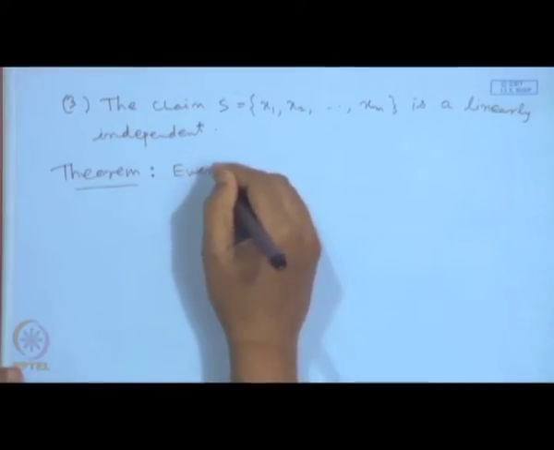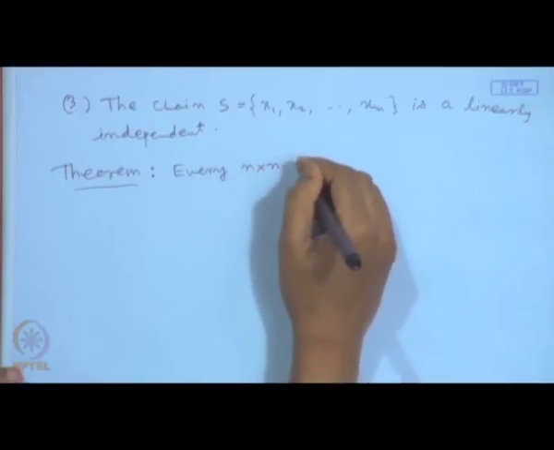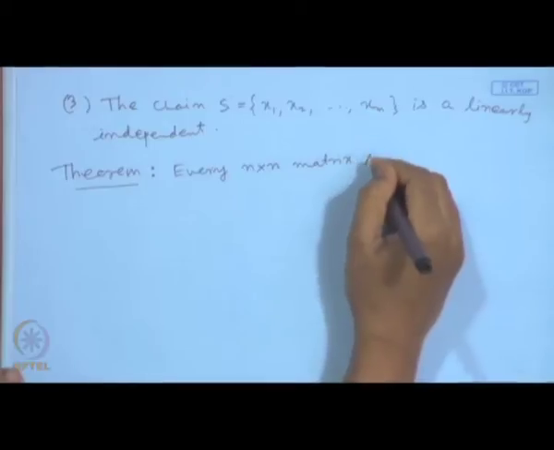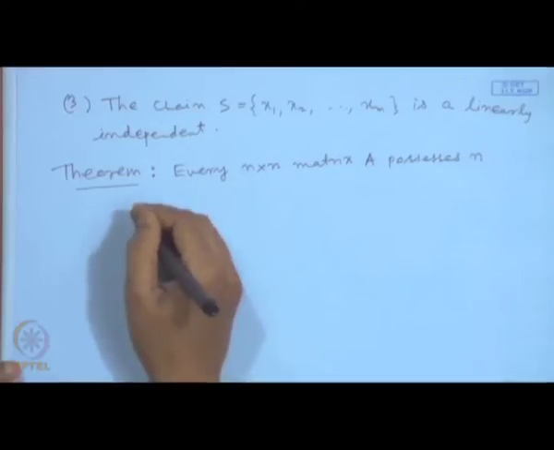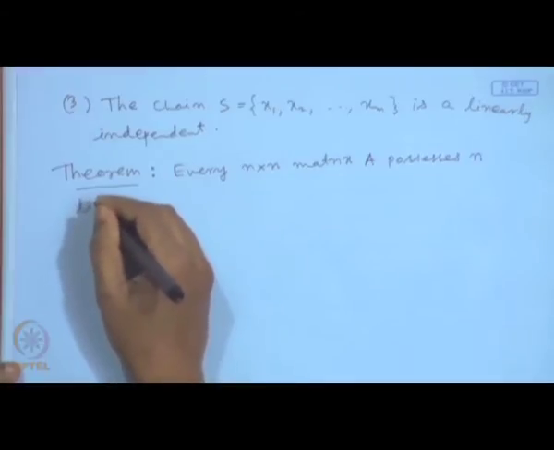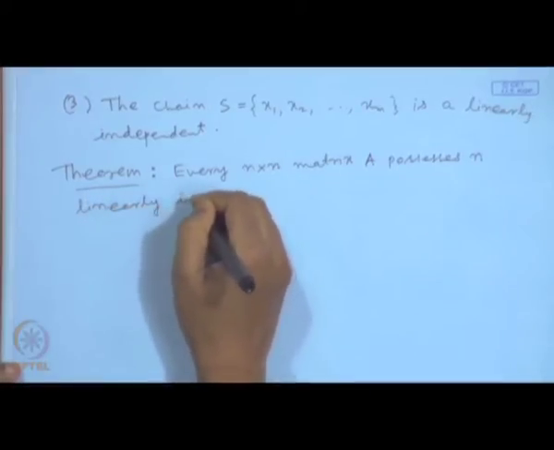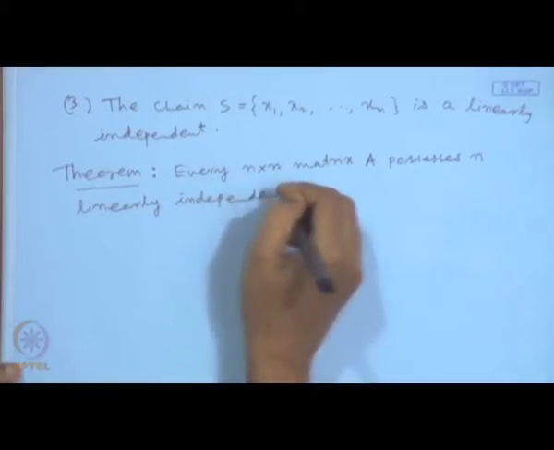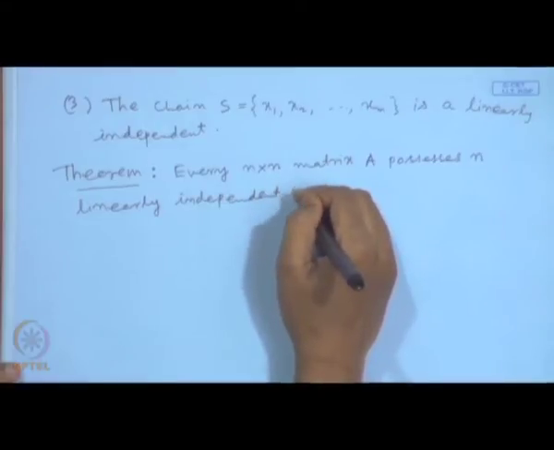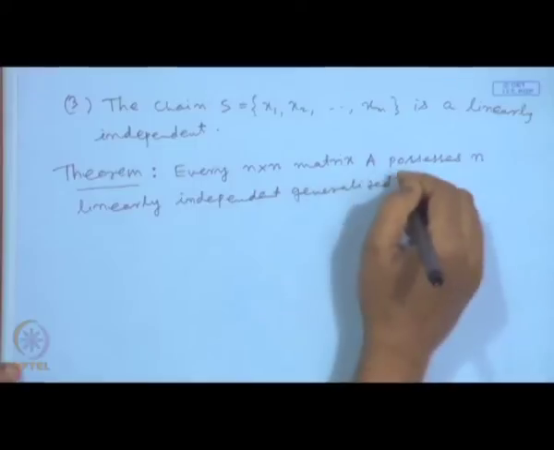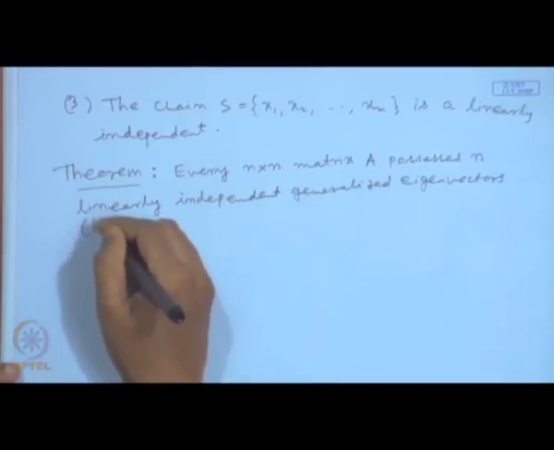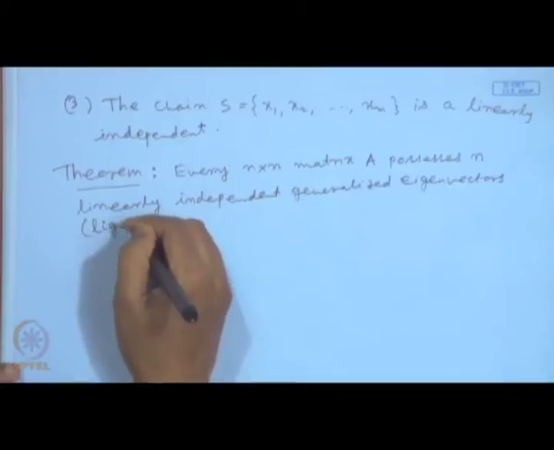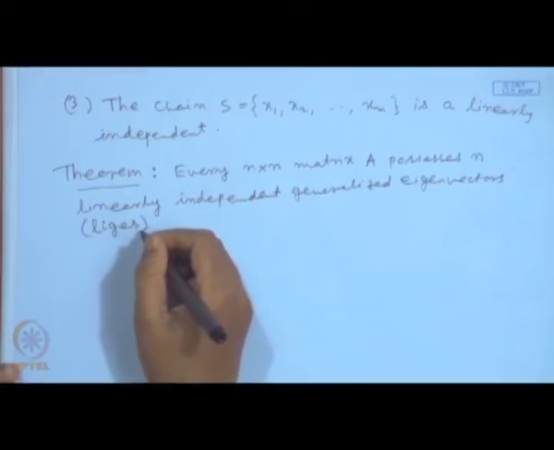So, it says that every n by n matrix A possesses n linearly independent generalized eigenvectors, and in short form we write them as LIGES, linearly independent generalized eigenvectors.